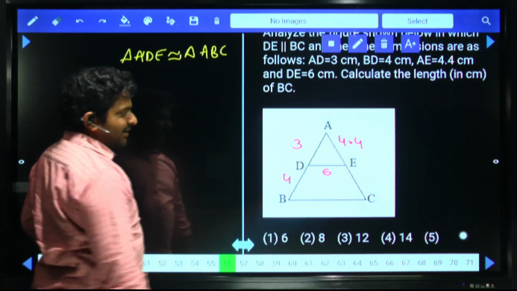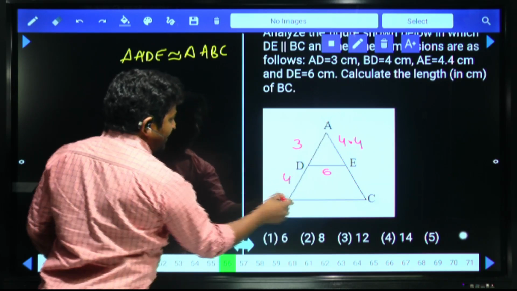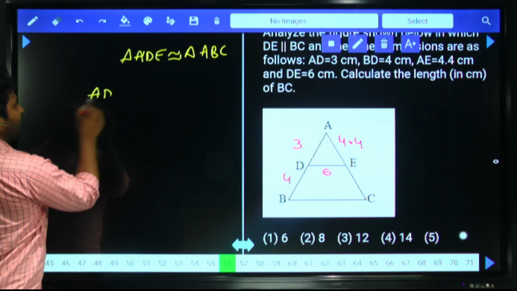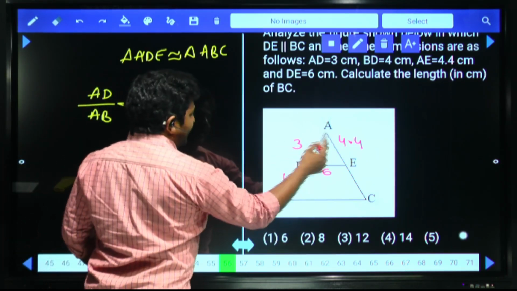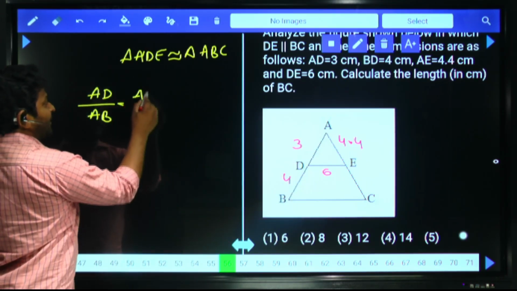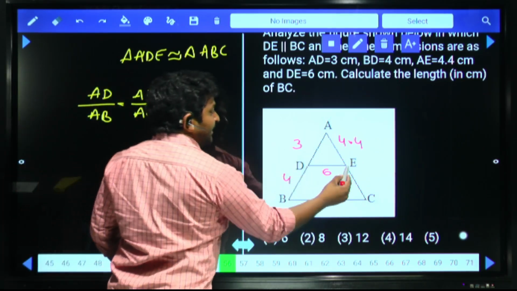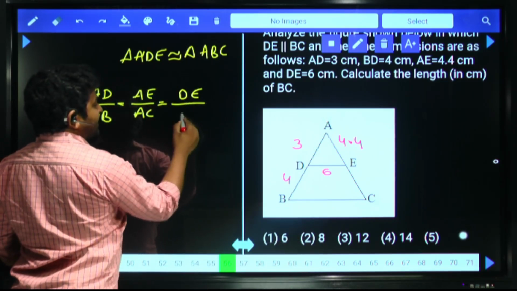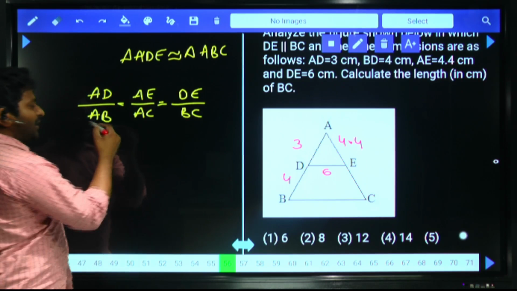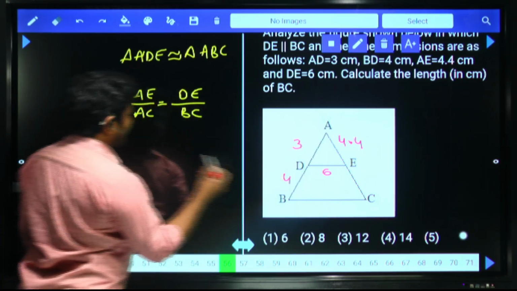For similar triangles, AD by AB must be equal to AE by AC, and at the same time DE by BC should also be equal to AD by AB. Now you already know the AD value, that is 3.